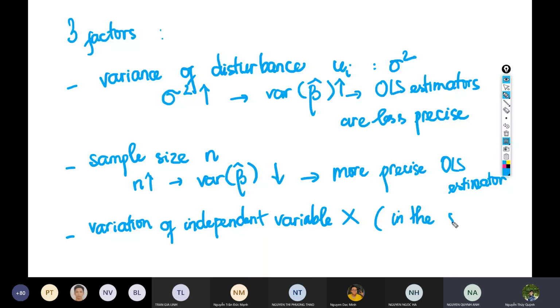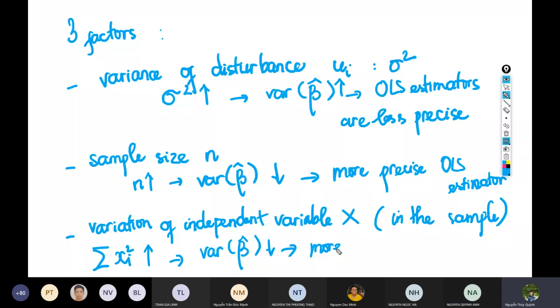Yes. Okay. And how does this affect the precision of OLS estimators? When the variation increases, the estimators are more precise. We have a smaller value of the variance of the OLS estimators, which means that we have more precise OLS estimators.